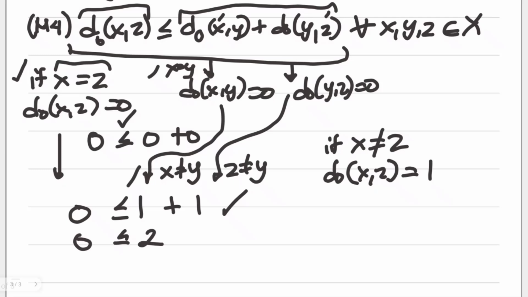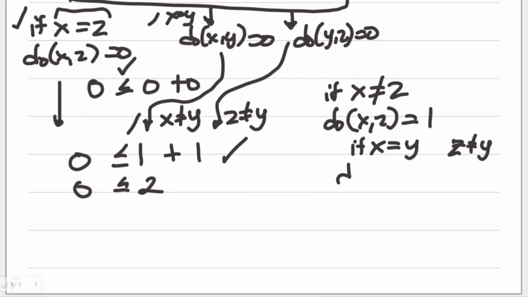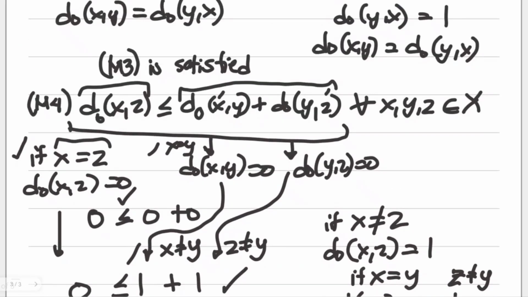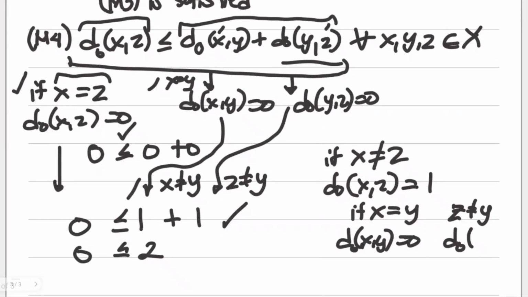If x is not equal to z, and let's say x is equal to y, that would mean z is not equal to y, because x is not equal to z. That would mean the distance of x and y is 0, and based on the definition, the distance of y and z, since they are not equal, is equal to 1.